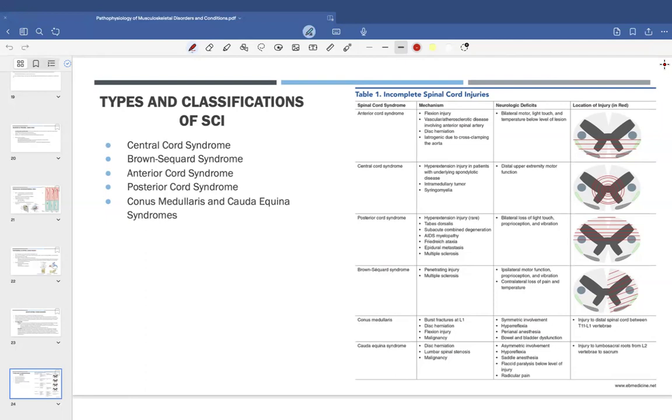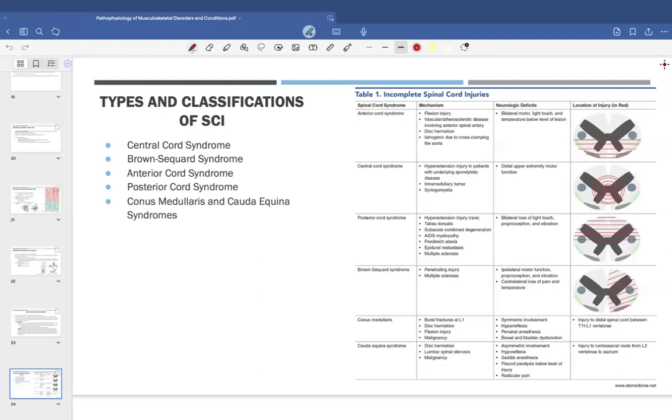Okay, we'll start with what I consider the easiest ones, which is conus medullaris and your cauda equina. Okay, and so cauda equina really refers to the horse's tail. Okay, so it's the actual nerve roots. And so it tends to be asymmetric. However, it can still be relatively symmetric.